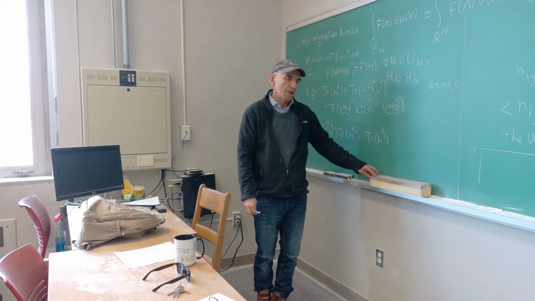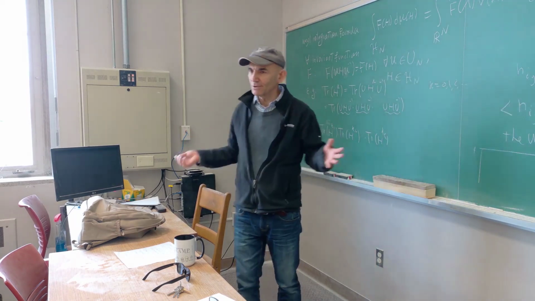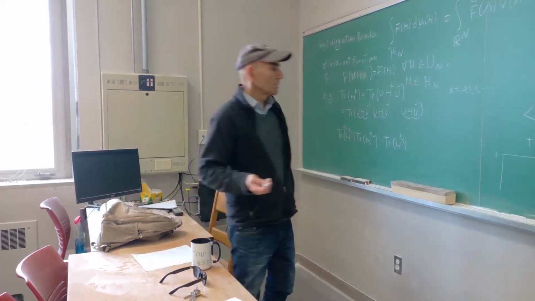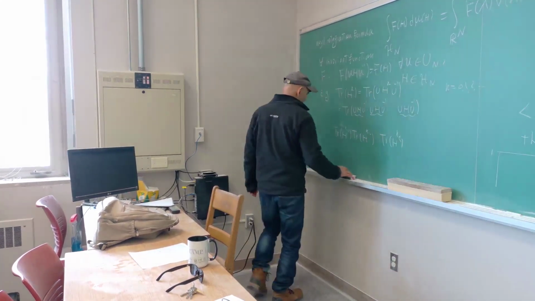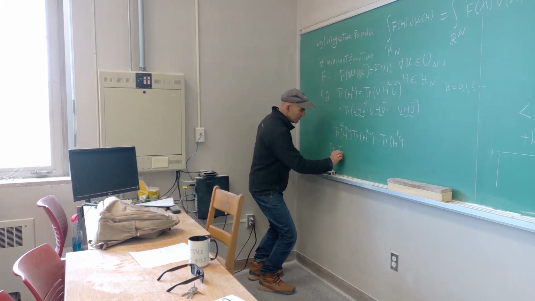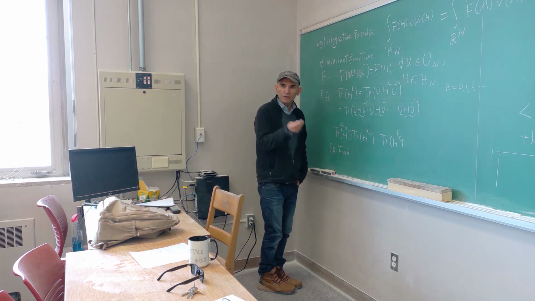And yeah, you may want to characterize all invariant functions on Hn. That's a very good exercise, so I'll just give you this as an exercise. Find a description of all invariant functions on Hn.